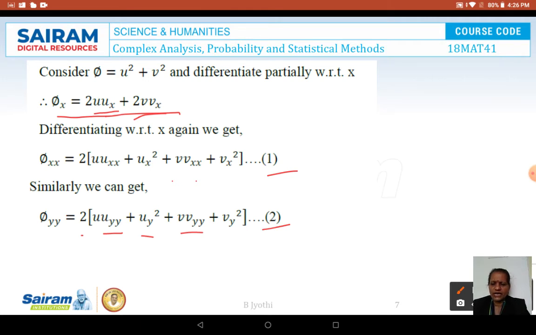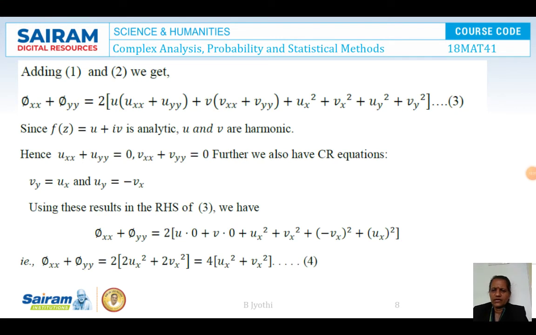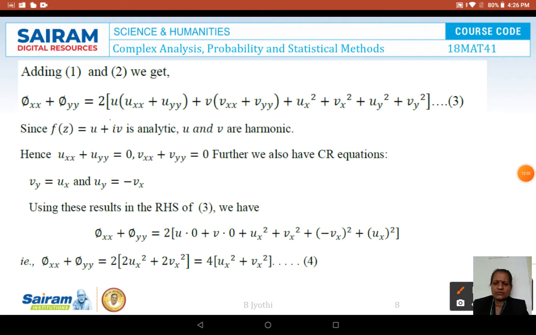Now we need to add these 2 equations, that is equation number 1 and 2, and we have to prove the result. Add it. We will be getting twice of, group all the u terms separately, v terms separately, and remaining terms as it is.